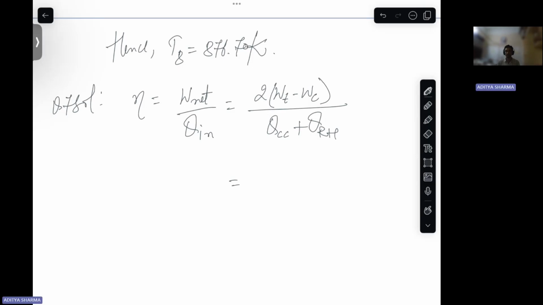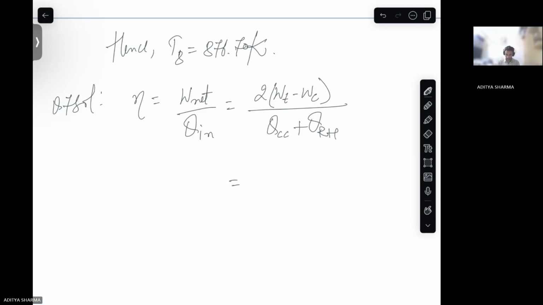So this is the reason why with reheater your thermal efficiency decreases, because your denominator is increasing. In addition to the heat that is added in the combustion chamber, in your reheater also heat is added.